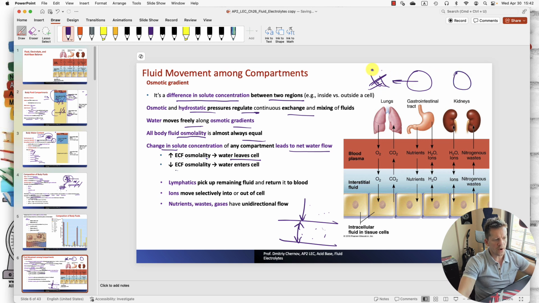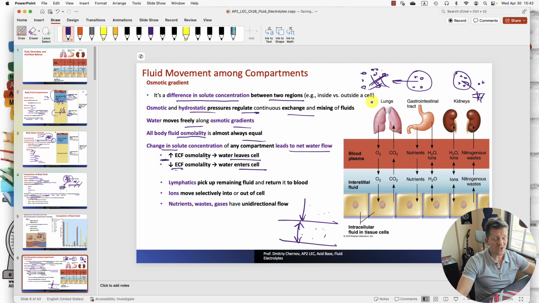Let's say in a cell we have 4 molecules, outside we have a lot. In this example, low extracellular fluid osmolarity: in the cell we still have 4, but outside we have 2. So the water is going to go inside of the cell, so the water enters the cell.